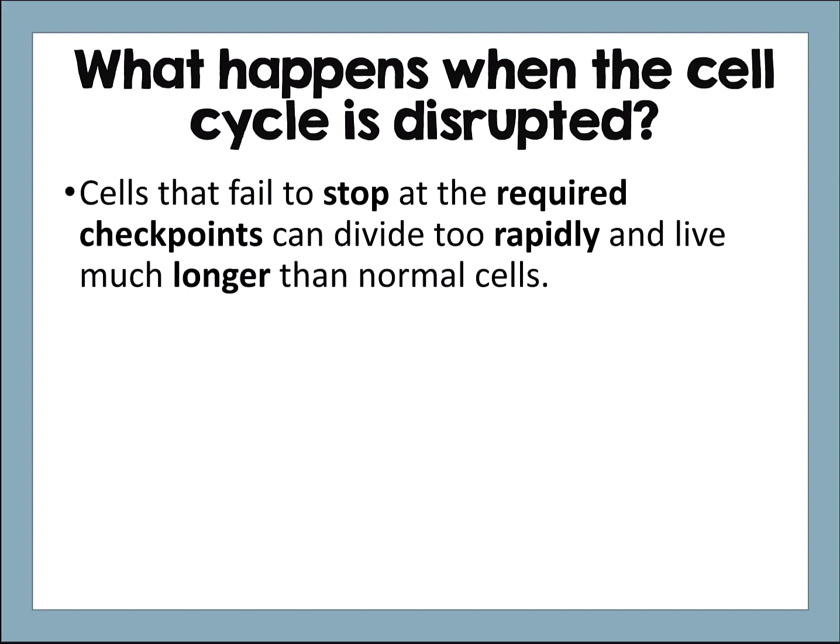Cells that fail to stop at the required checkpoints can divide too rapidly and live much longer than normal cells. That makes sense because this process is supposed to regulate how quickly the cell is growing and dividing. So if they're not stopping correctly at those checkpoints, then the cell is going to divide rapidly and live longer than it normally would.